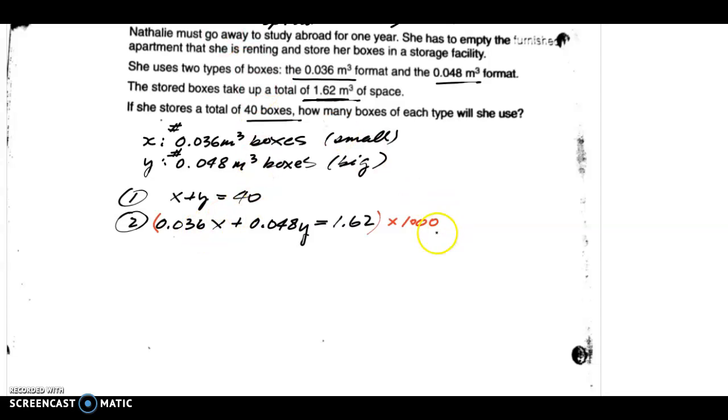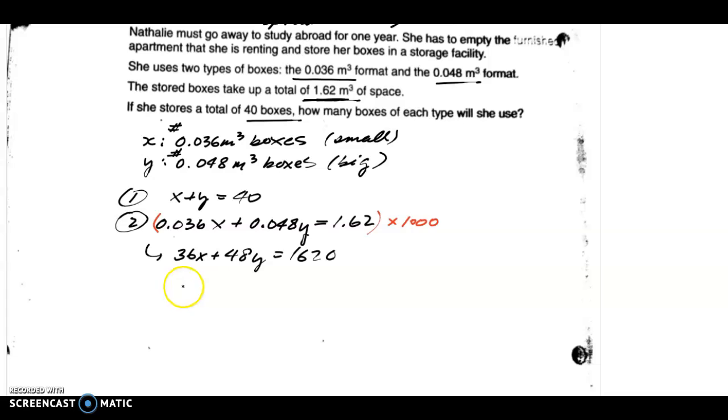Then my equation 2 turns into 36x plus 48y equals 1620. There we go, so this is an easier number to work with.